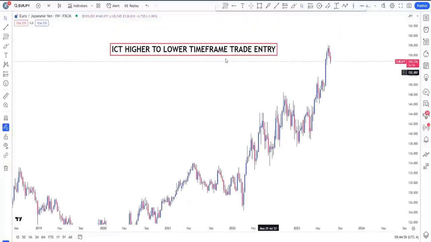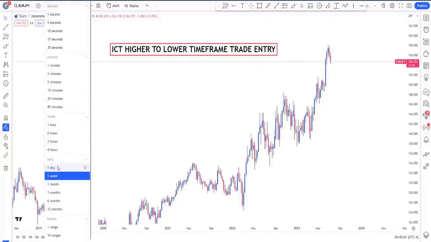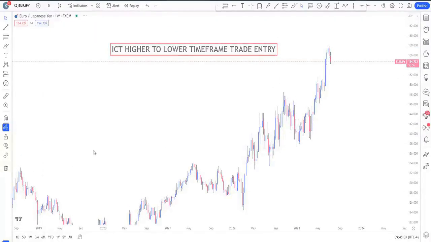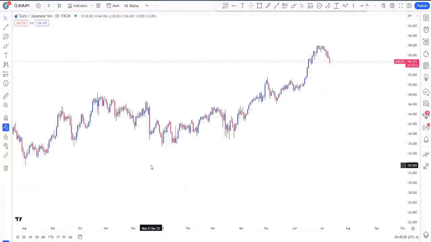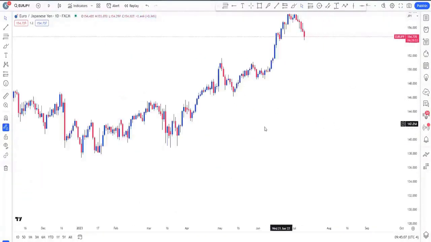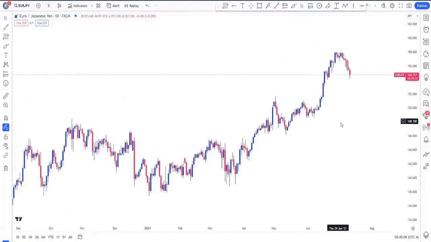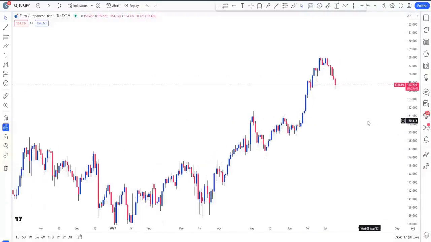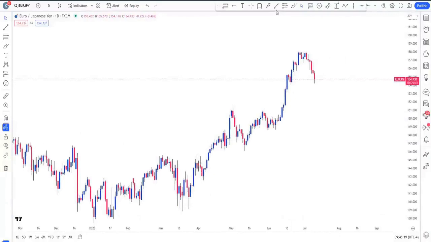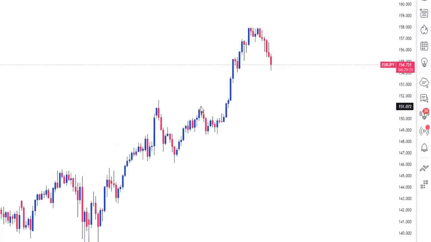What do I do next? I will drop to the daily time frame, the second most important time frame that I will need to know. So from the daily time frame, I look out for the most recent areas of liquidity and what has happened recently. This is important. So looking at this, I discovered that what I have here is a break of structure to the upside, because I've already established that this is a bullish market and this is a break of structure right here.